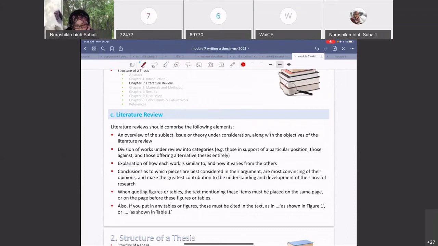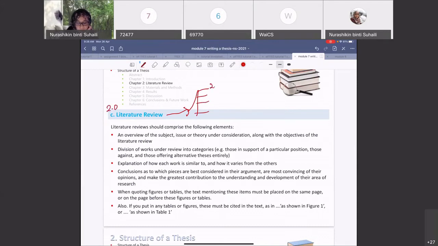Literature review is a section where you write your review, what you have read. So you have to put it in a more organized way. You divide it into subsections. This one is normally chapter 2.